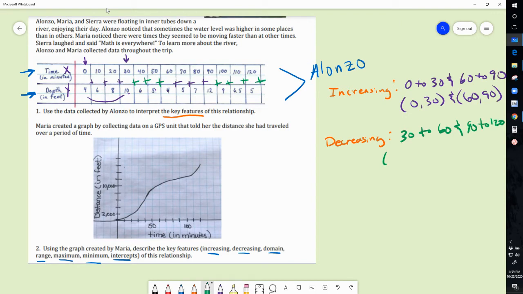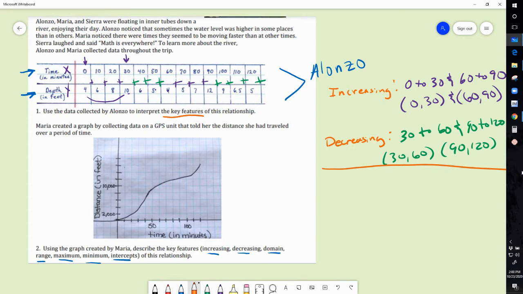So we're going to say 30 to 60 and 90 to 120. So that's where my graph is going down, or where in my table the Y values are going down, between those X values. All right, there's decreasing and increasing.